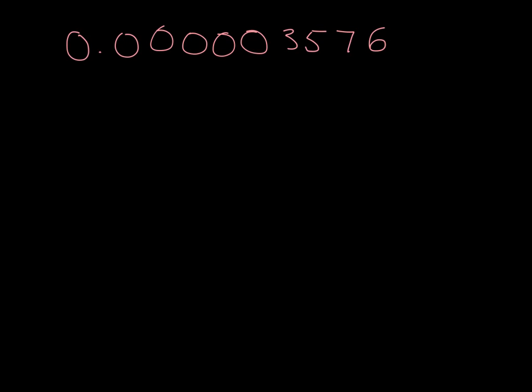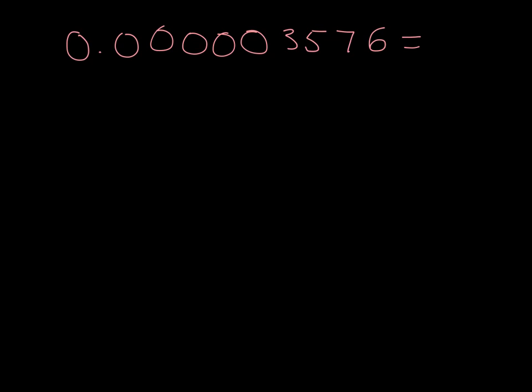Okay, let's do one more example with a small number. The number that we're working with right now will be 0.000003576. So it's in standard form right now. The way that you're used to seeing numbers is called standard form. We're going to take it from standard form and put it into scientific notation.